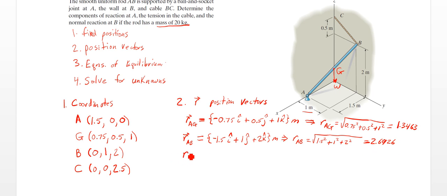Then finally, we need another position vector for BC here. So we're going to take our final position C minus our initial position B. So we have 0 minus 0, so that's 0I, plus 0 minus 1, so let me make that a negative actually.